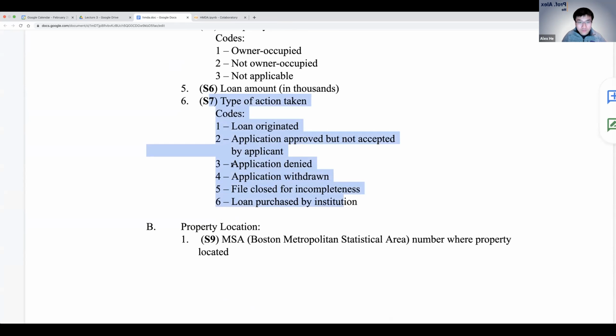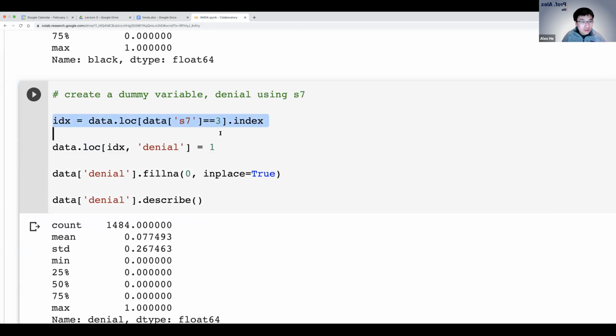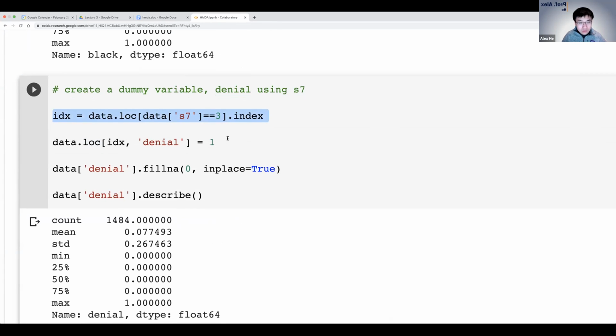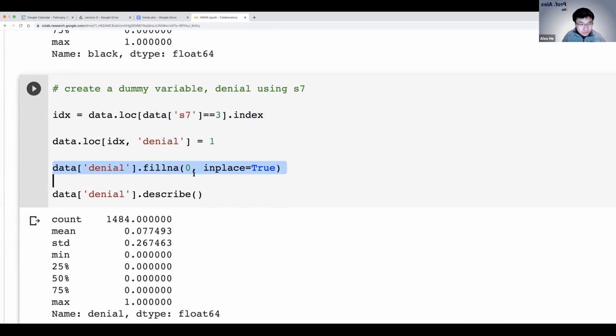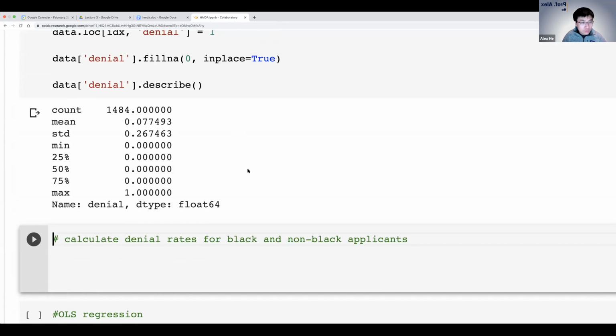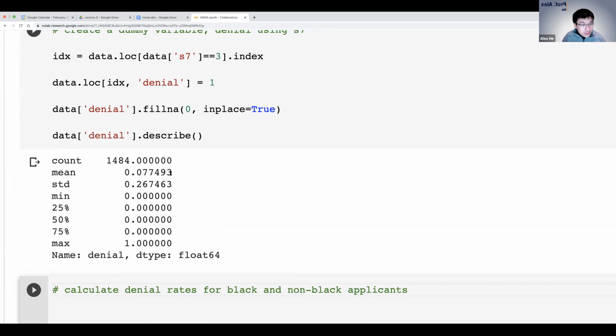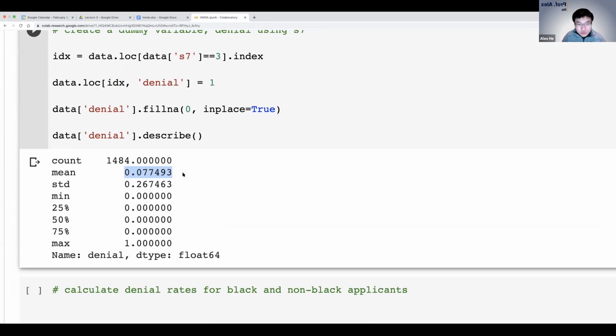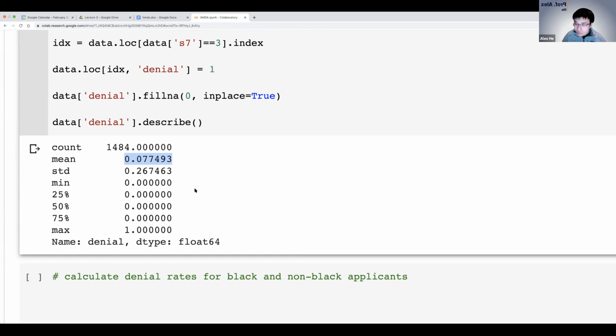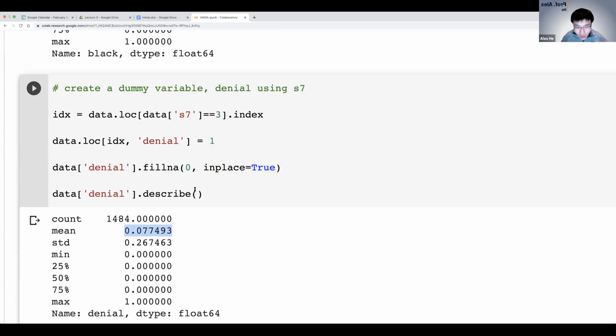If that variable equals 3, it means that it's denied. Those are the observations where we want to assign the value 1, and then we assign the rest of the observations 0. And you can also describe that variable. The mean is 0.07, which means 7% of the people are denied, okay? And again, this is a 0, 1 variable. And this is our outcome variable.